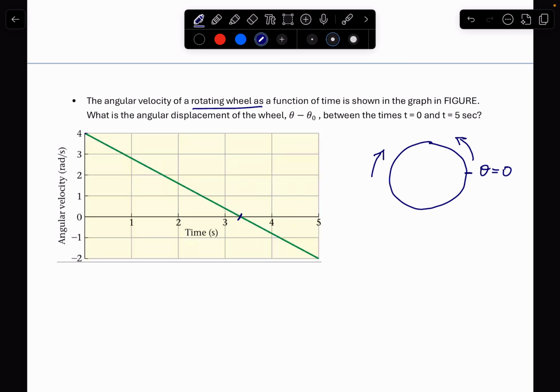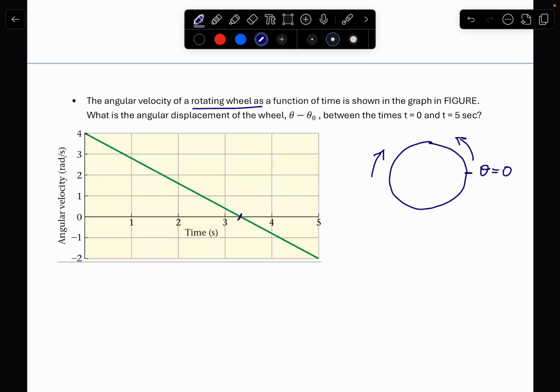So what we should do is divide the problem from time 0 all the way to time 3 point something, and that will give us the positive angular displacement. And then from this point onwards until time equal to 5 seconds, we'll get a negative displacement.